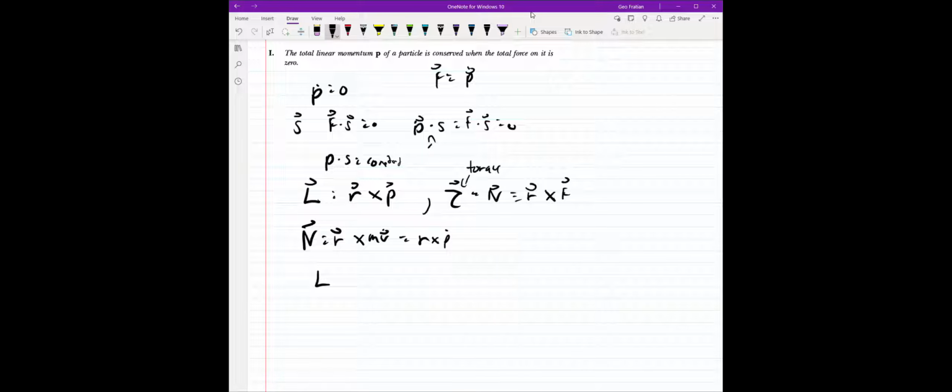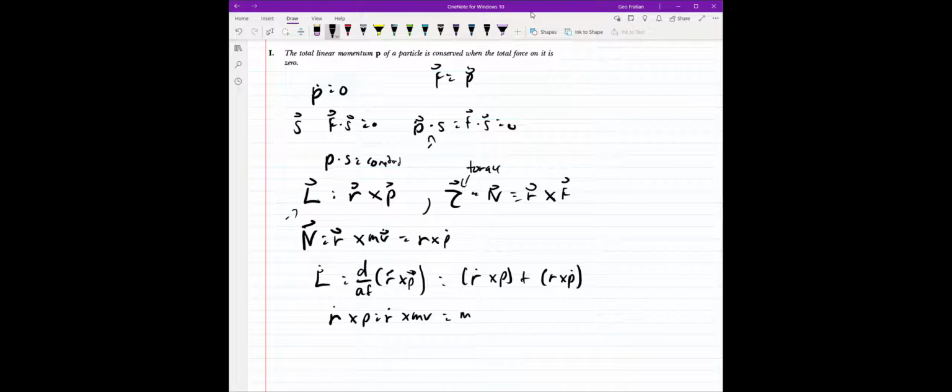So therefore L dot is equal to the time derivative of r cross p. I might drop the arrows soon because it's getting annoying to write them. It is equal to r dot cross p, again these are vectors, plus r cross p dot, from the chain rule. We also know that r dot cross p is equal to r cross mv, which is equal to m r dot cross r dot, which is equal to 0.